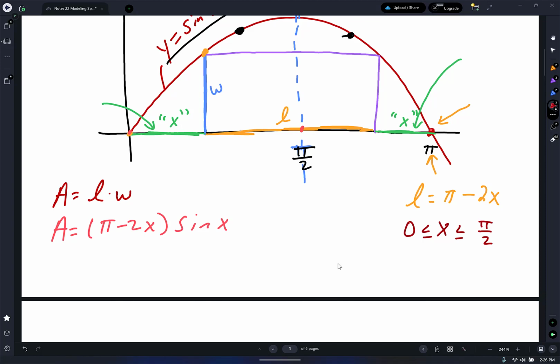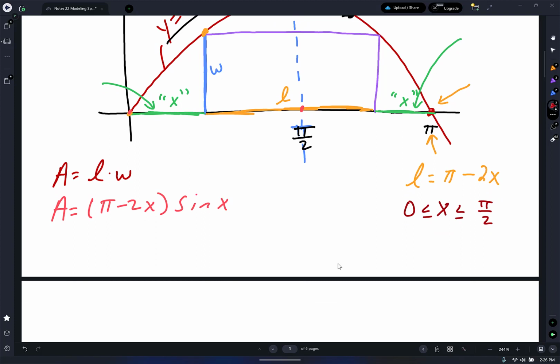So here's what I'm trying to say. Because my area is 0 at both of these extremes, whatever critical number I get, if I just get 1, that must be a max. It must, because the other 2 are zeros. Does that make sense? So if I get 1 critical number, and only 1, that must be a max. So let's find a critical number and see what it is. I'm going to write that down right now.